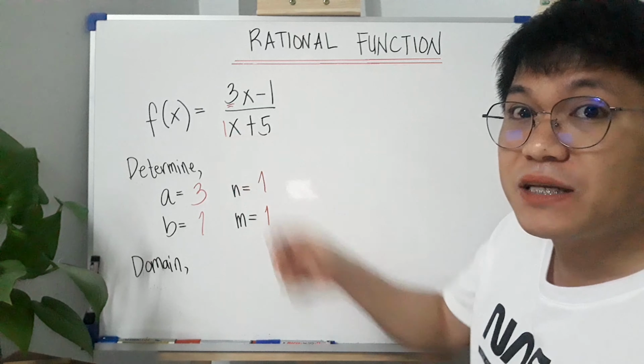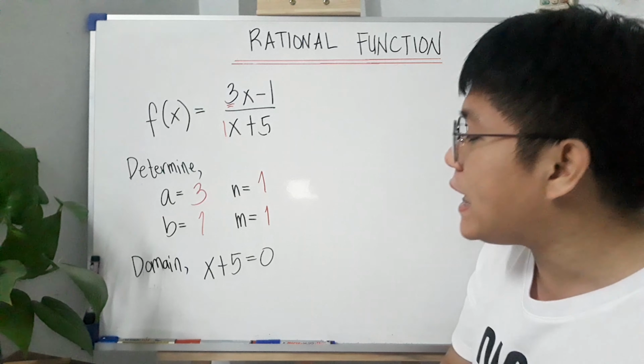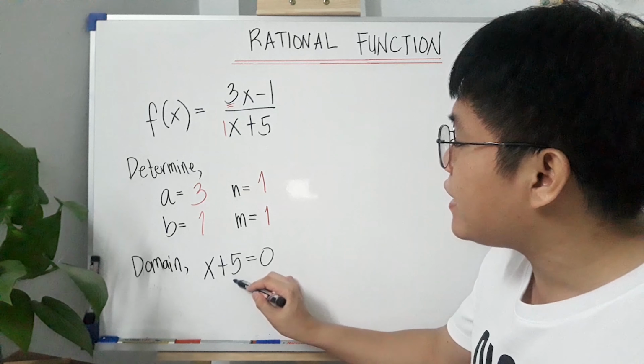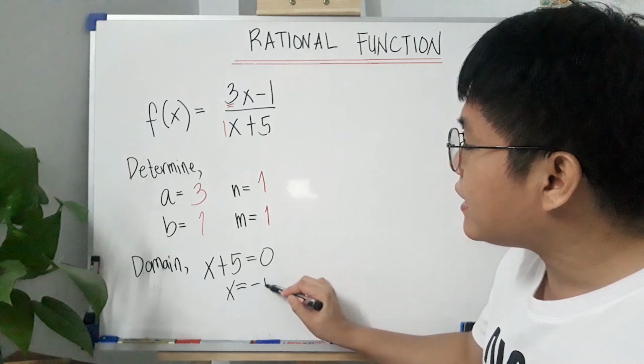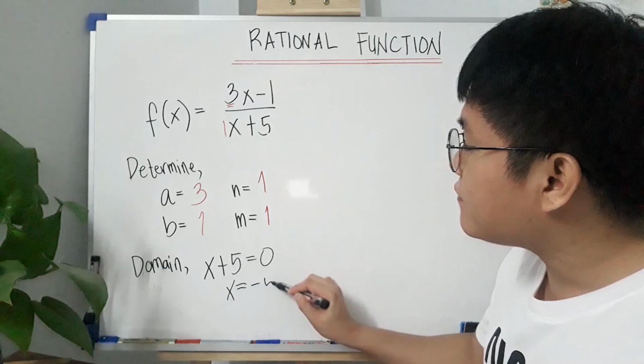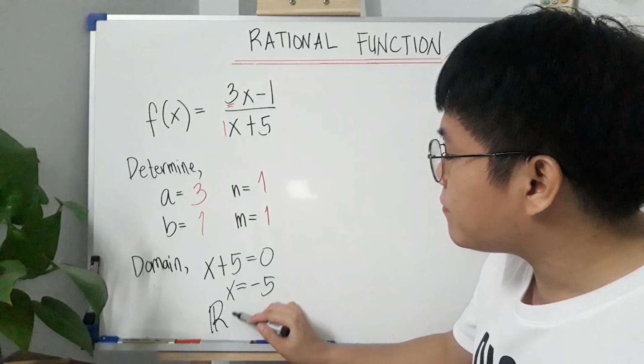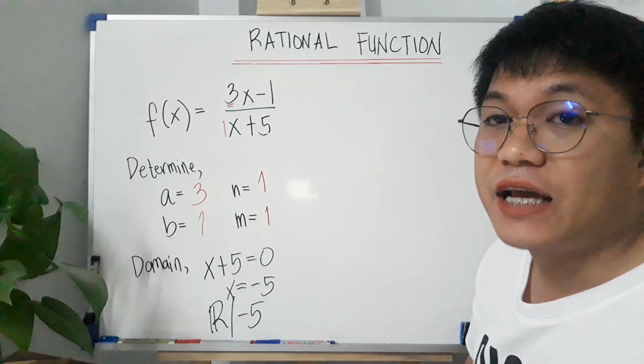We just equate the denominator to 0 and then solve for the variable x. And so we have here x is equal to negative 5, which means that our domain will be the set of all real numbers except negative 5.